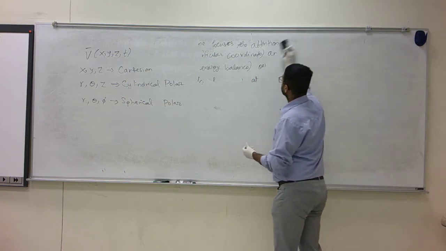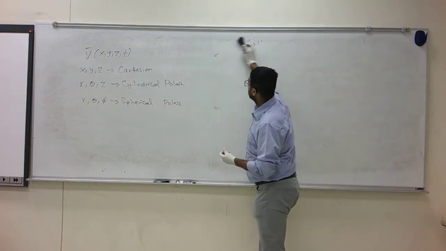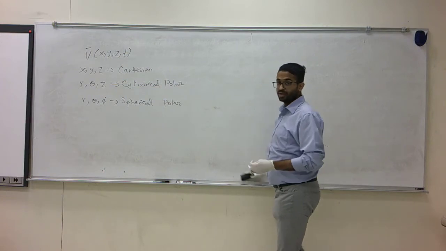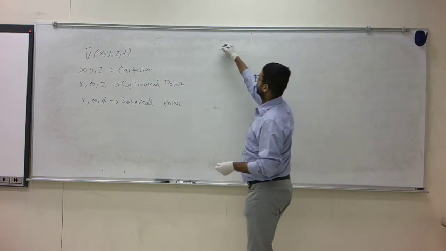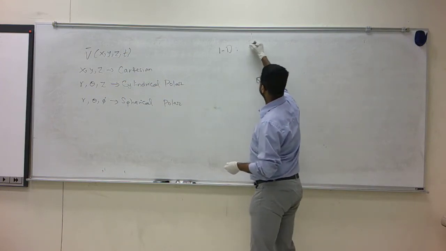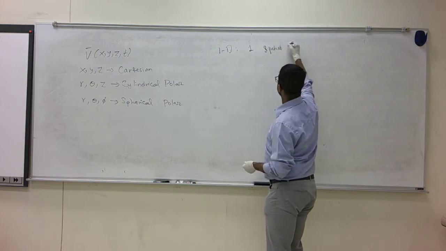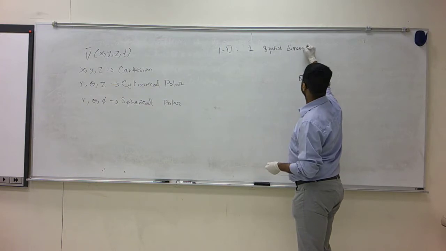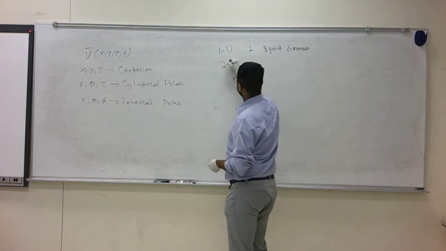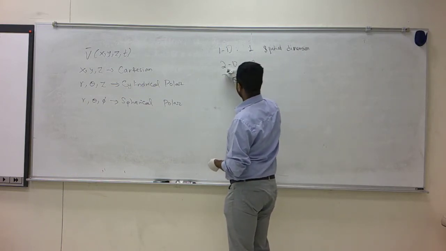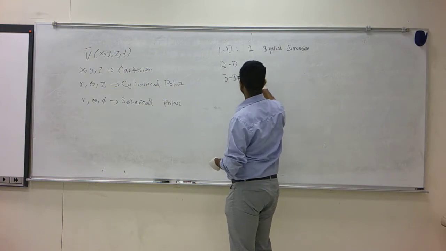But the question is, how many spatial variables do you need to describe a fluid flow? So one-dimensional flow is that requires one spatial dimension, and obviously two-dimensional flow would mean 2 and three-dimensional flow would mean 3.